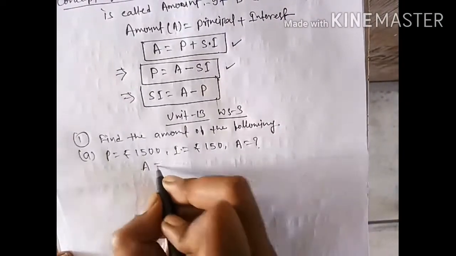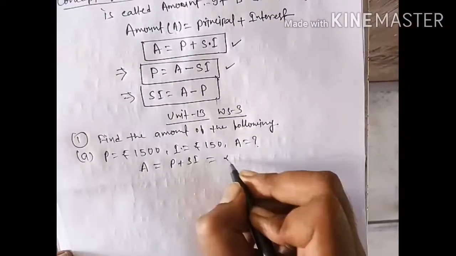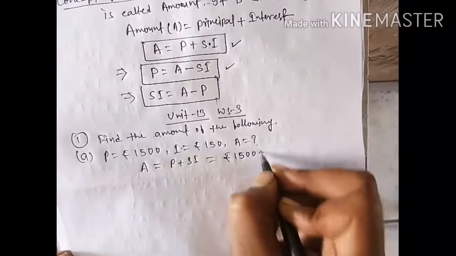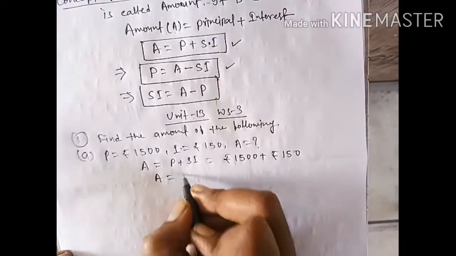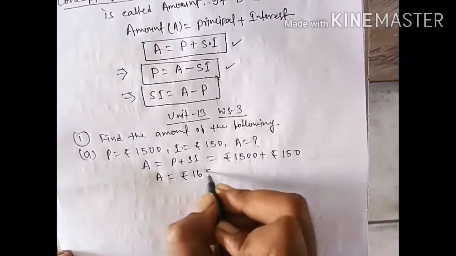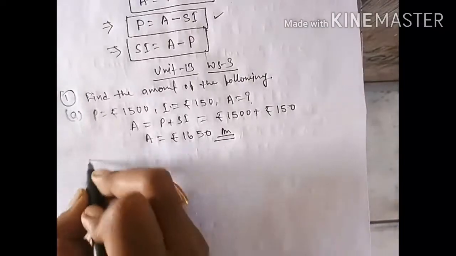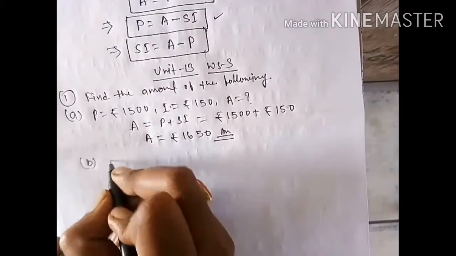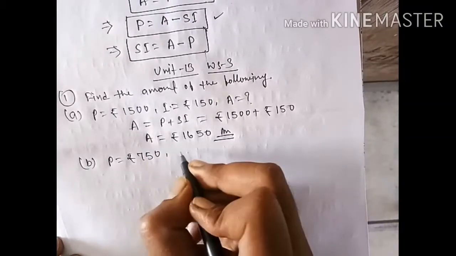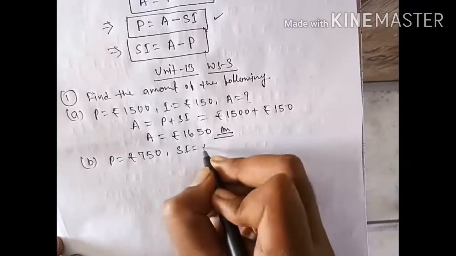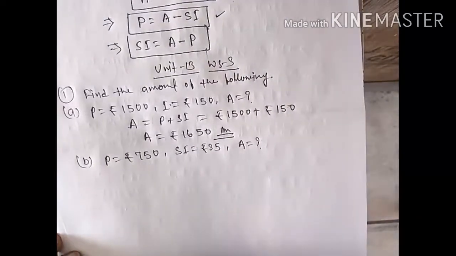We know that amount is equal to P plus SI. It means rupees 1500 plus rupees 150. After adding, you get rupees 1650. This is the amount. Now in question B, principal is rupees 750, SI is rupees 35, amount is not given.